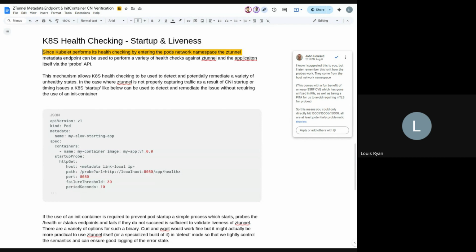Using an exec health check may solve the networking problem with the health check and link local IP addresses. The problem is we're mostly going to have distroless containers. So how do you exec in and run curl?